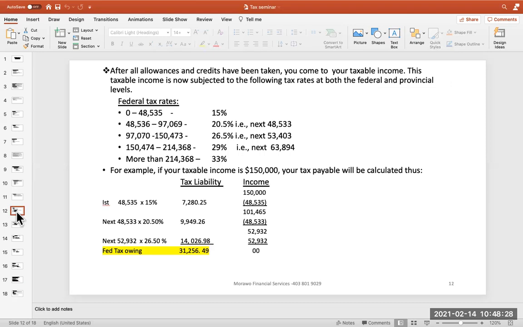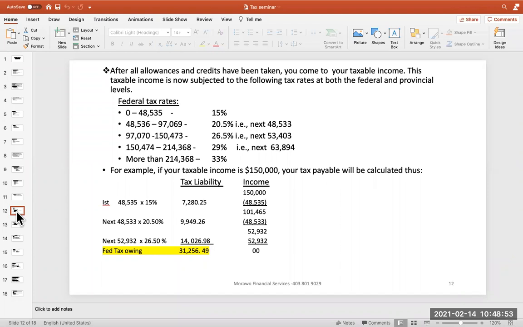So after all allowances and credits have been given, A to C, then you come to your taxable income. You have your gross income, you have your 100% allowable expenses, and then you have your 15% non-refundable credit.